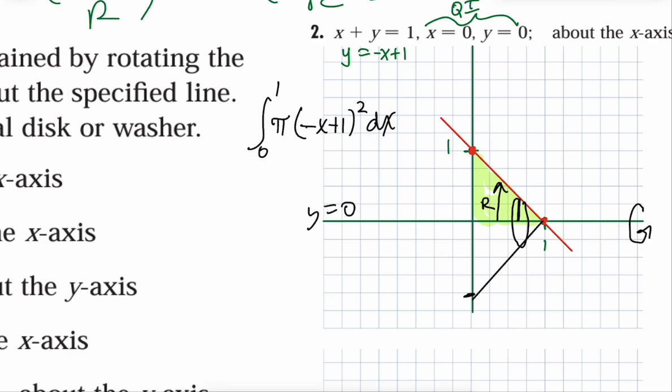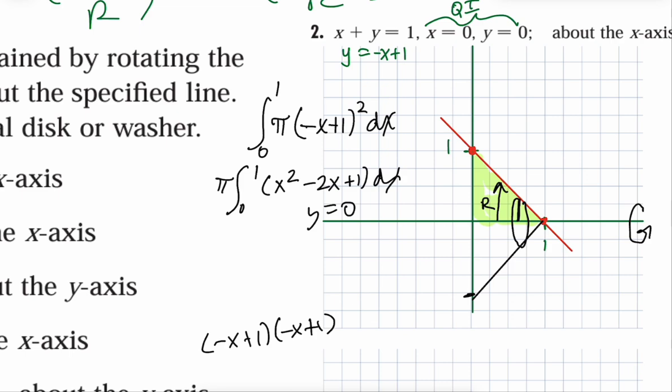This isn't a hard problem. It's just making sure you don't mess up your algebra. Take the pi out in front. When you square negative x plus 1 times negative x plus 1, make sure you're doing it right. Don't make up your own algebra rules. When you multiply that, you get x squared minus 2x plus 1.